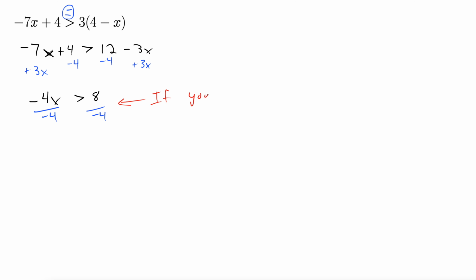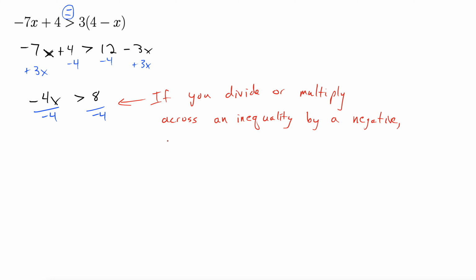If you divide or multiply across an inequality by a negative, you must change the direction of the inequality.